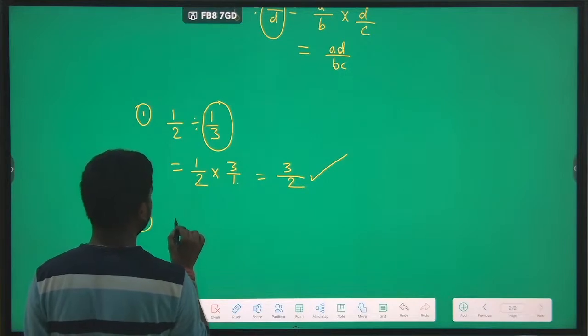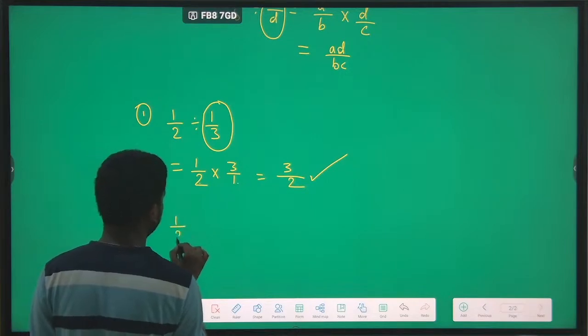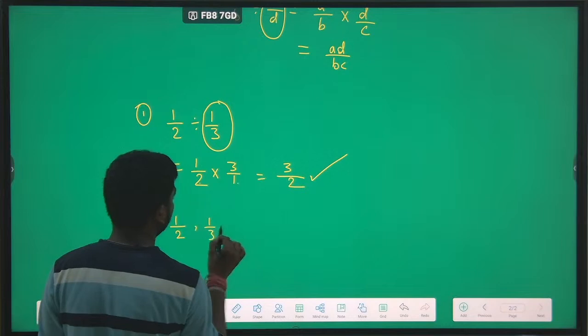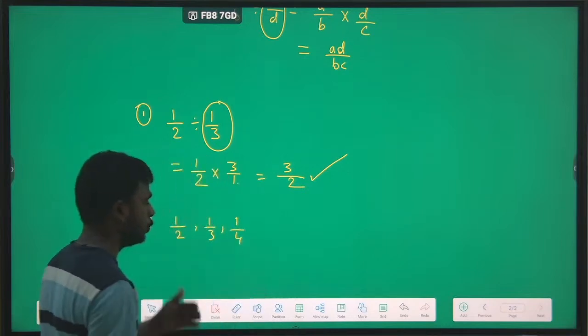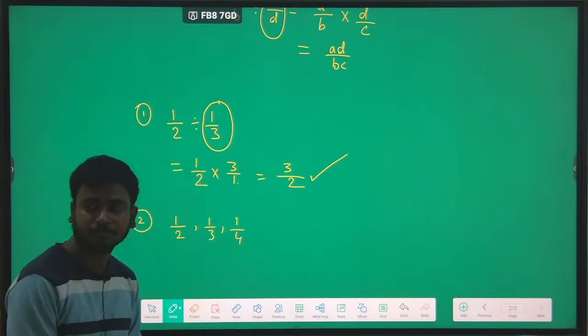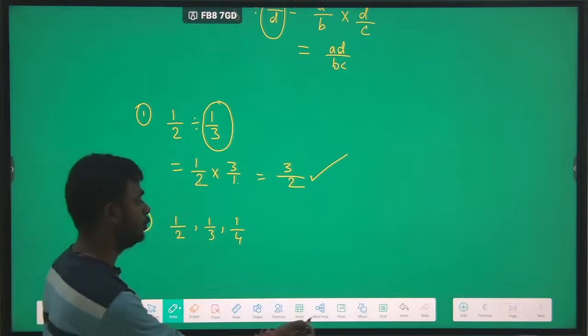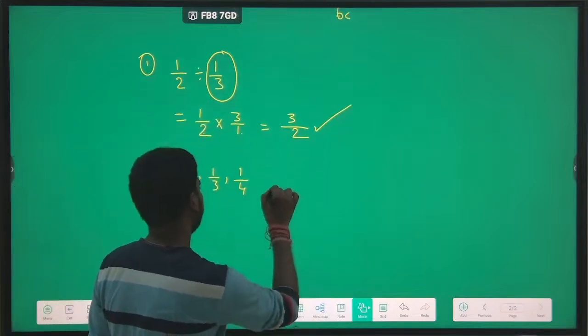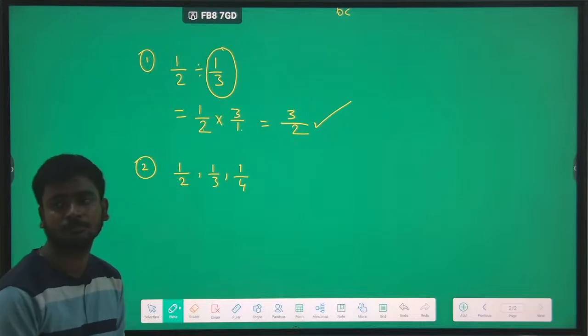Now, if we are asked to divide three fractions, 1 by 2, 1 by 3, 1 by 4, how can we do it? Try it by yourself, and after that I will make it clear.